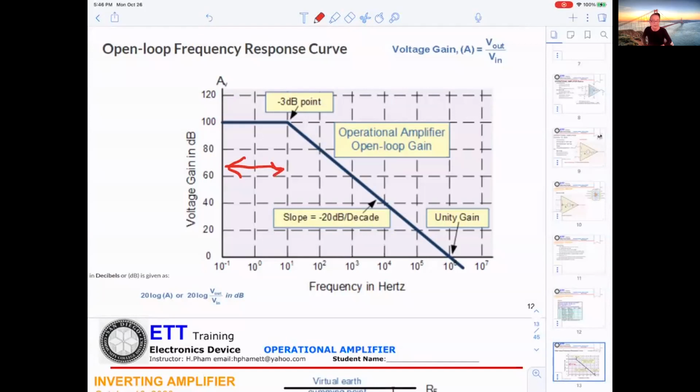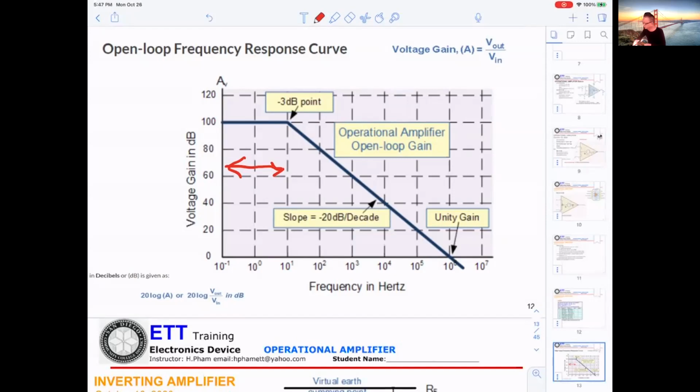The cutoff frequency in here is only 10 Hz. So that is telling you the open loop gain cannot really work. It works only from 0 to 10 Hz. No way. And also, by the way, you see they say slope minus 20 dB per decade.